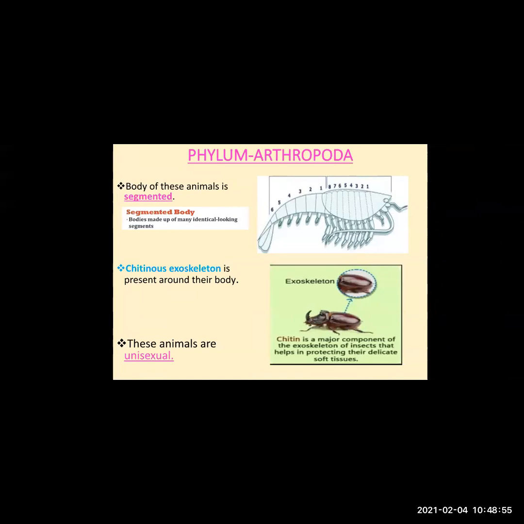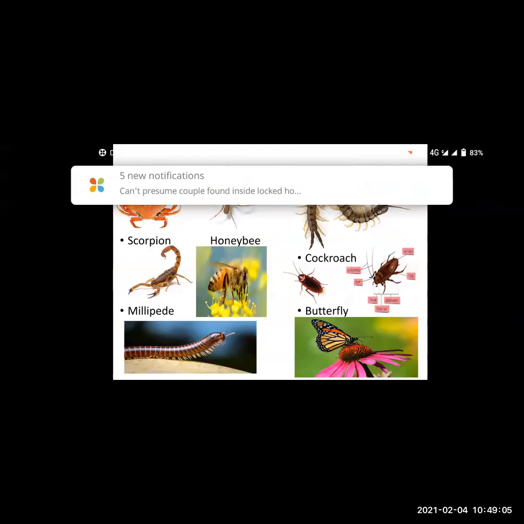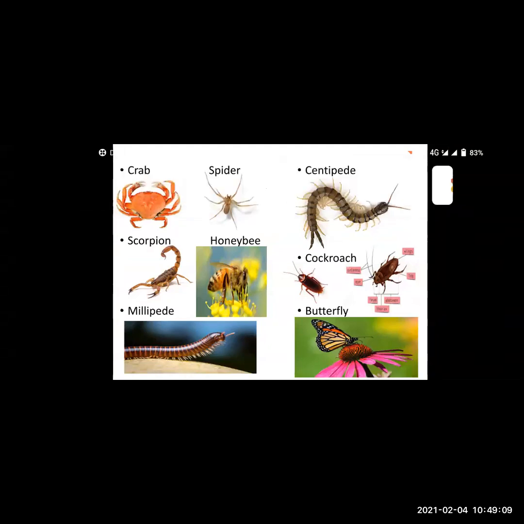Then how do these animals do locomotion? Locomotion is either by swimming or creeping. So this type of locomotion is seen. One more thing you have to remember: the various examples. As I said, it is the largest animal phylum, so again a huge number of examples are included in the phylum Arthropoda.